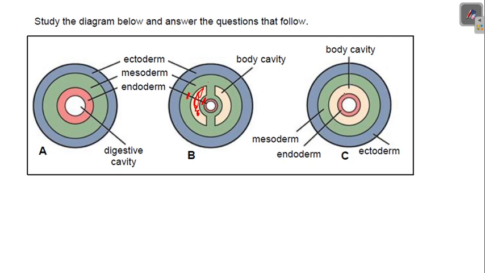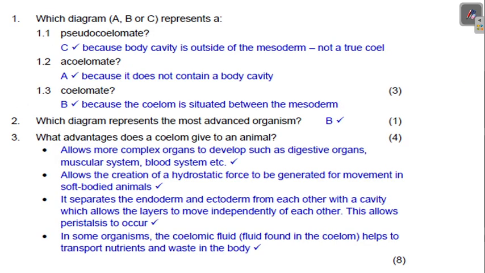But when you look at C, there is a mesoderm, yeah, but only covering the outermost part of the body cavity, which is this pink part over here. The inner part is not covered by the mesoderm, so that makes it a pseudocoelomate. All right, which diagram represents the most advanced organism? That will be your coelomate, and that's going to be B.